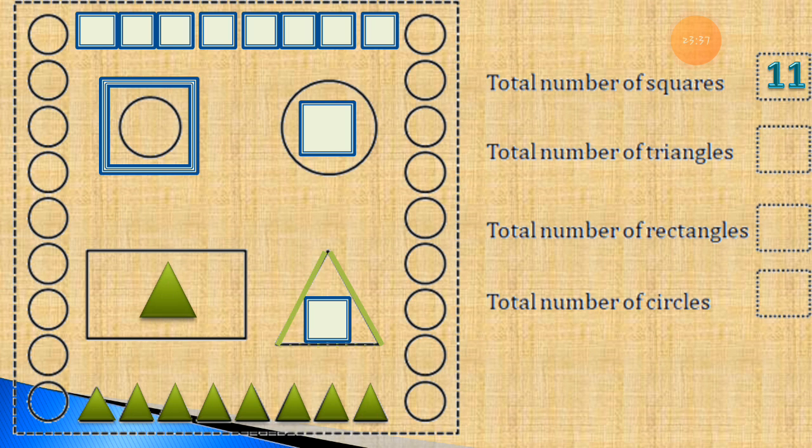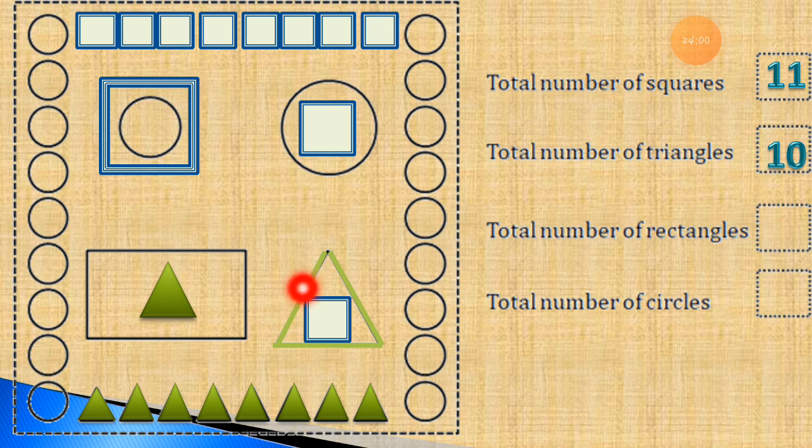Then here is triangle number 10. So now is anything else left? Can you find any triangle shape? These 10 triangle shapes I can find in this picture. Is there any other triangle shape? Can you find? So here total 10 triangle shapes are there in the picture.